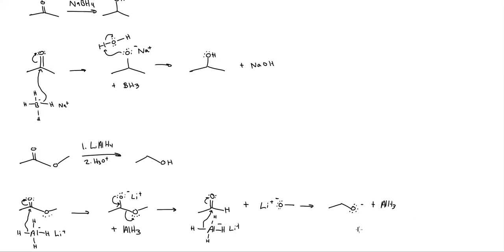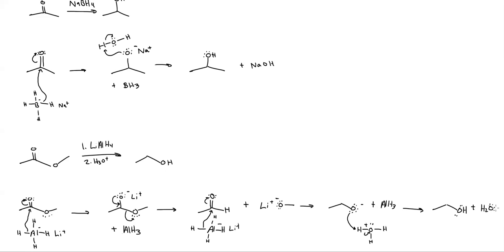So now, whenever I throw the acid in there, so my H3O plus, all that's going to happen is H3O plus is going to get deprotonated. And then that is going to give me my very final product, which is going to be this primary alcohol that we drew over there. And then I also get water.